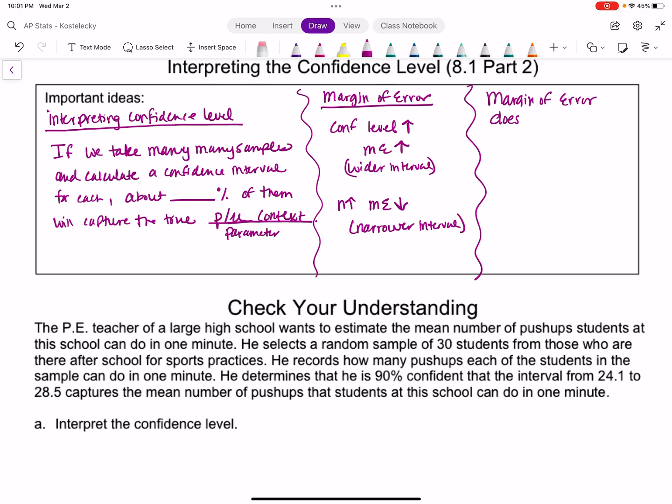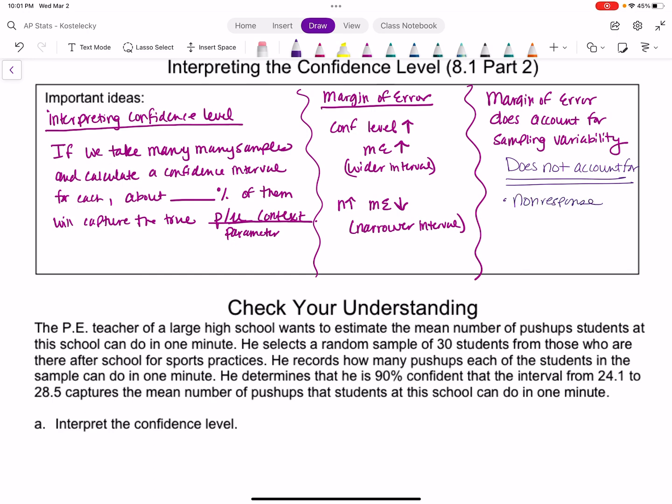Margin of error does account for sampling variability. Okay, but it does not account for these things. It does not account for, okay, so these are no's. It does not account for this.